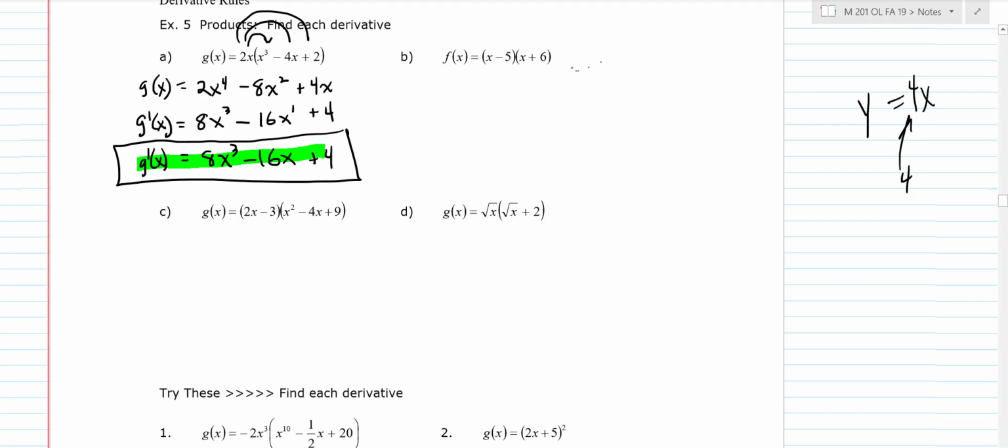Okay, same thing applies to the next problem. I would just do the FOIL on this. Do the distributive property. Students are used to calling this FOIL. It's really the distributive property. You're doing x times x, which is x to the second, and then you're doing x times 6, which is plus 6x. That's what you're taught as the first and outside terms. It's the distributive property is what it is. Then you distribute again.